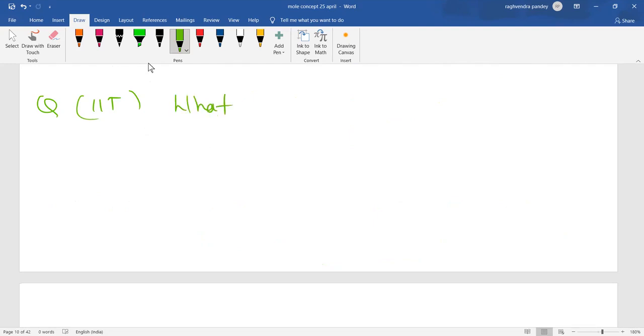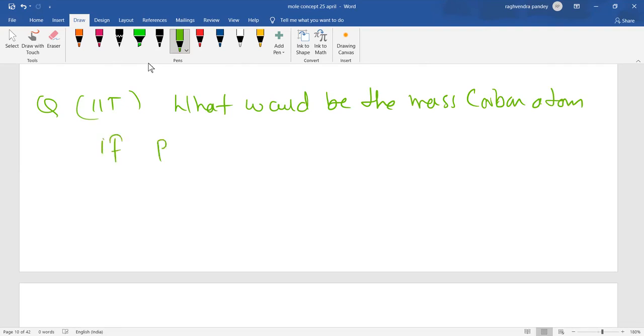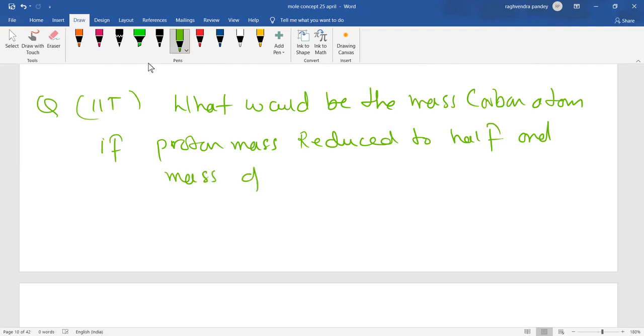What would be the mass of a carbon atom if proton mass is reduced to half and mass of neutron is doubled?